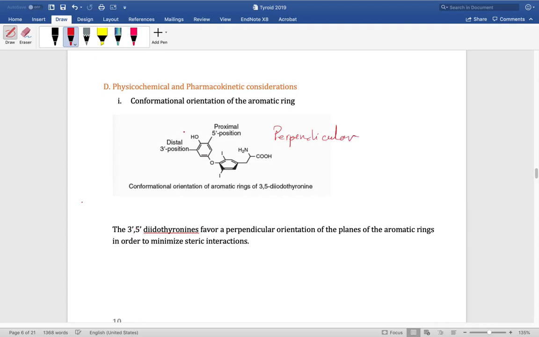So the plane of this ring has to be perpendicular to the plane of that ring here. Okay. So the 3', 5' diiodothyronines favor a perpendicular orientation of the planes of the aromatic rings. So this is to minimize steric interactions.